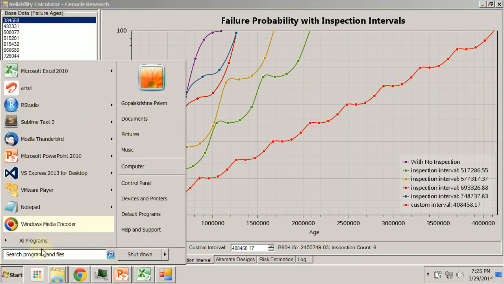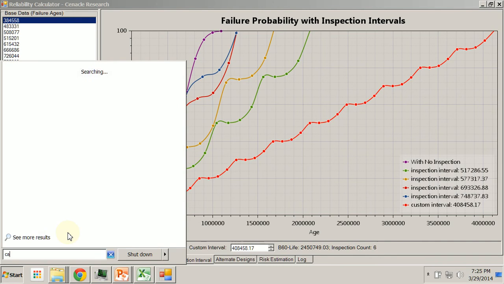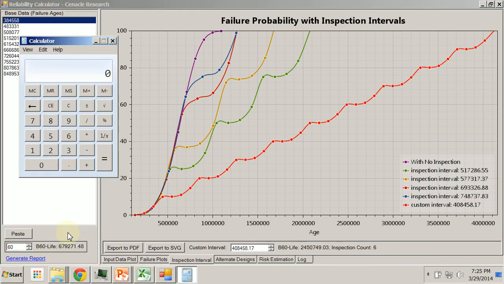For example, we can take a calculator and divide 2,050,749 by this value here, 679,271. That is, your life has increased by 3 times with inspection.